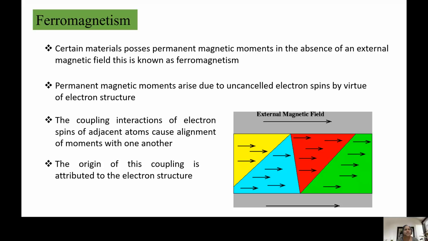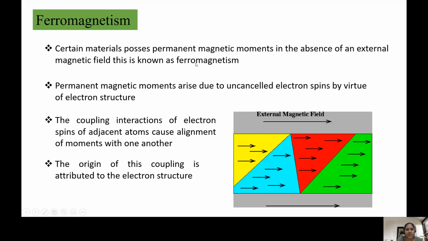And these above three are the main categories of magnetism, that is dia, para, and the third one is ferromagnetism. This is also important, which is observed in most of the ferrous materials. Certain materials possess permanent magnetic moments in the absence of an external magnetic field. This is known as ferromagnetism.